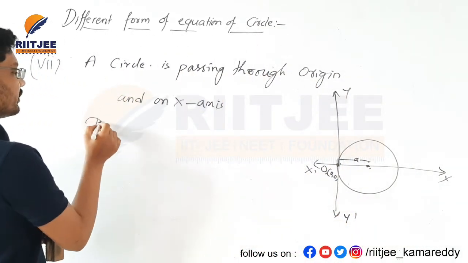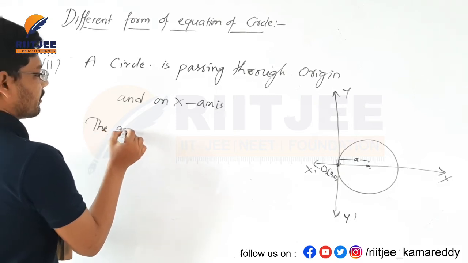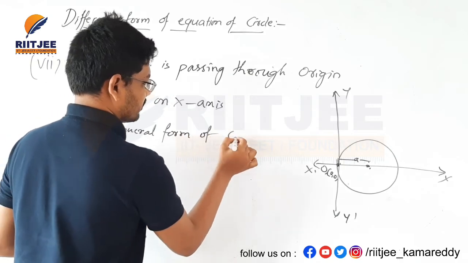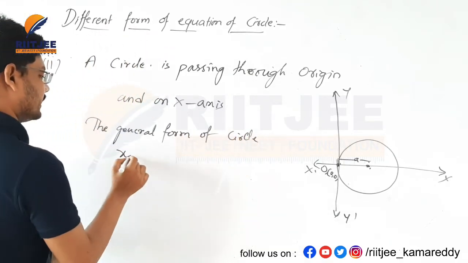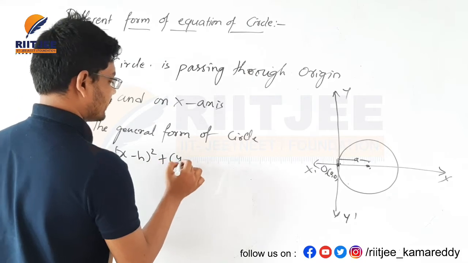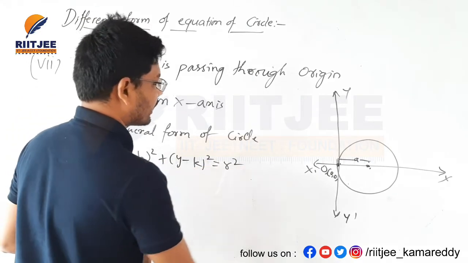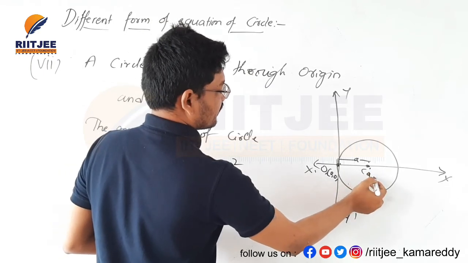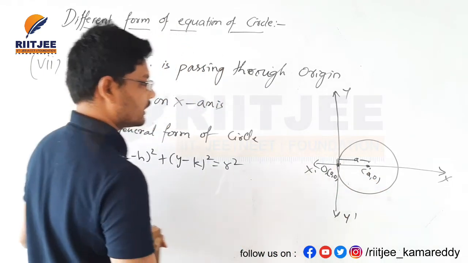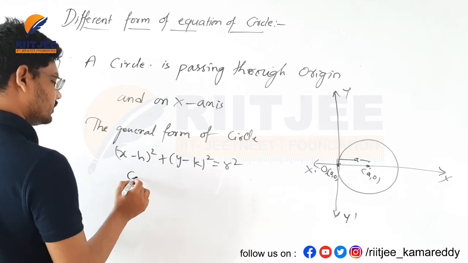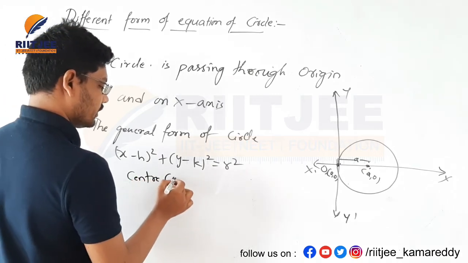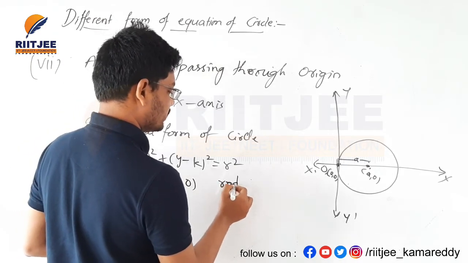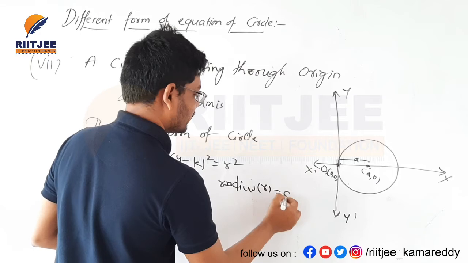Here the general form of the equation of circle is x minus h whole square plus y minus k whole square is equal to r square. The center is a comma 0, where the y coordinate is equal to 0, and radius r is equal to a units.